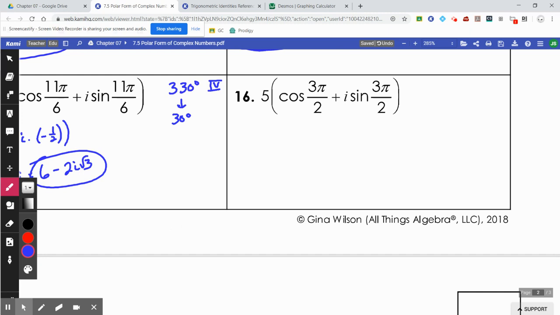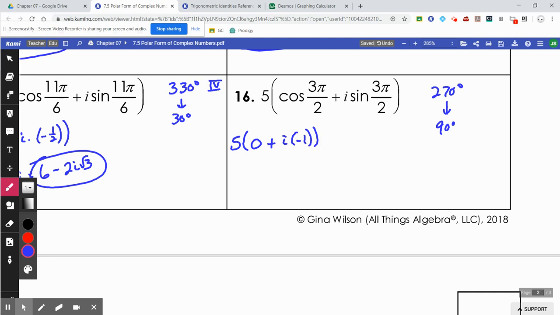Okay, and the last one, the 3 pi over 2, that's going to be 270 degrees, which is a quadrantal angle. So your reference angle is going to be 90. So you have 5 times the cosine of 270 is going to be 0, plus I times the sine of 270 is going to be negative 1.